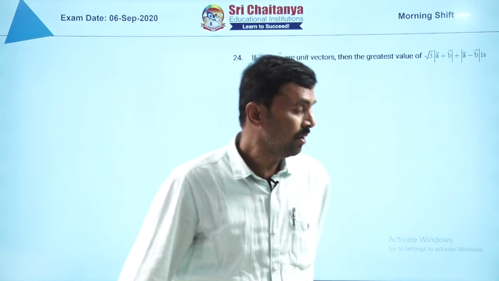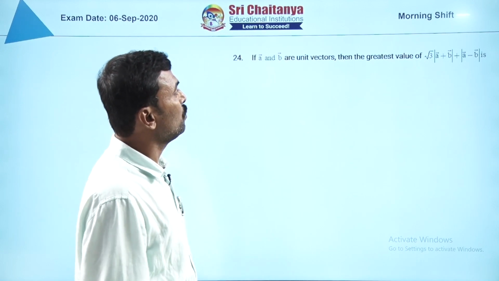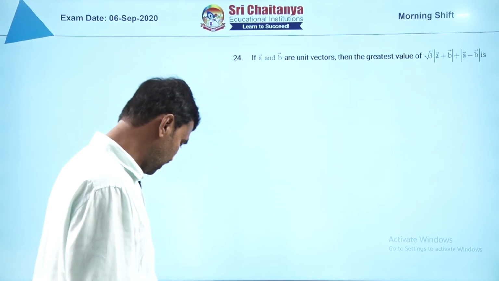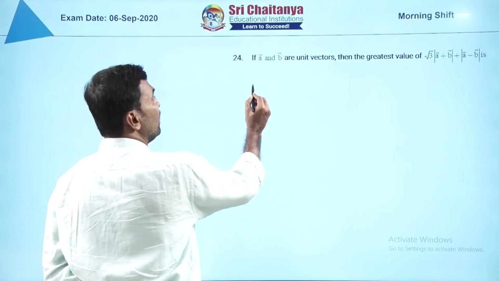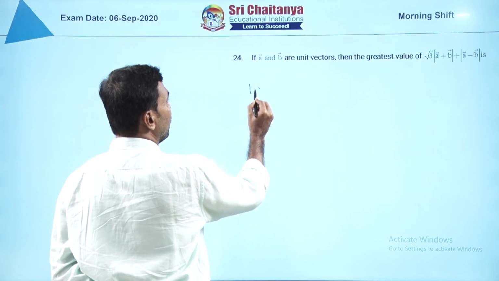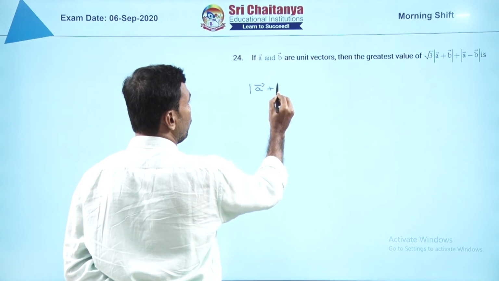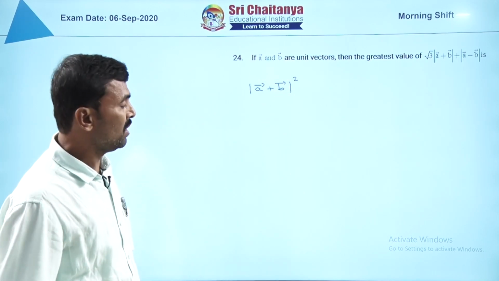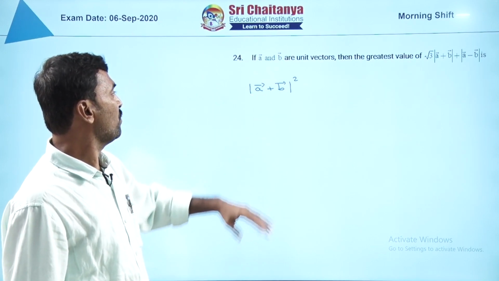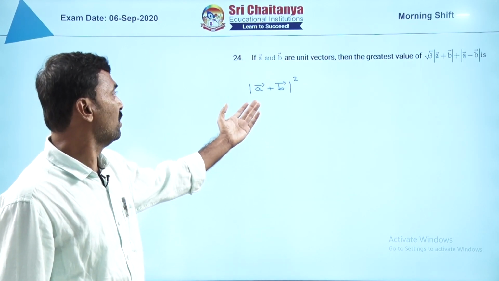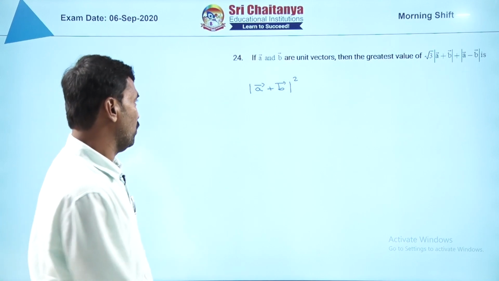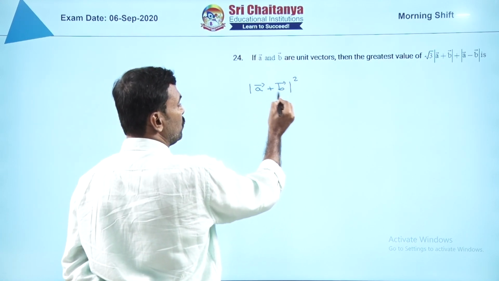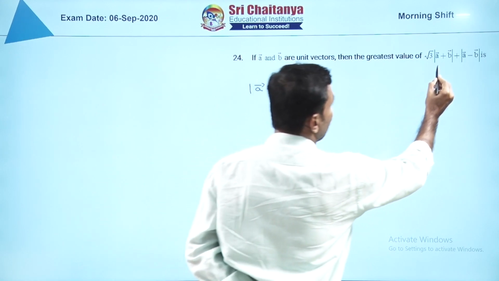Whenever they give the magnitude of a vector, to find it, first let us consider the square of the magnitude, because you can simplify the square of the magnitude of a vector. So, I am selecting the square of the magnitude of A bar plus B bar.